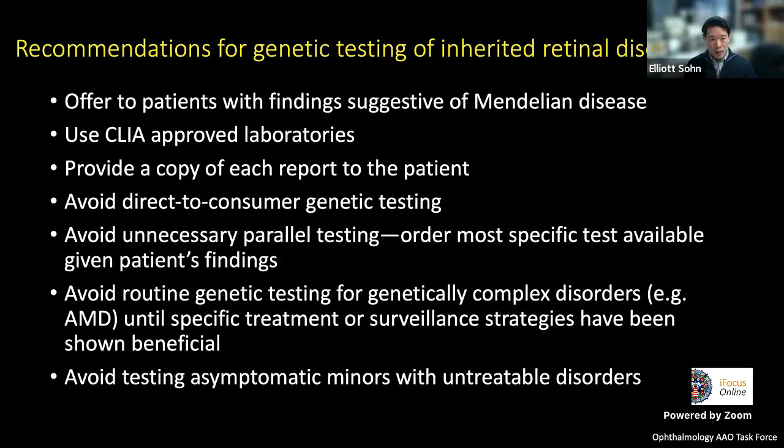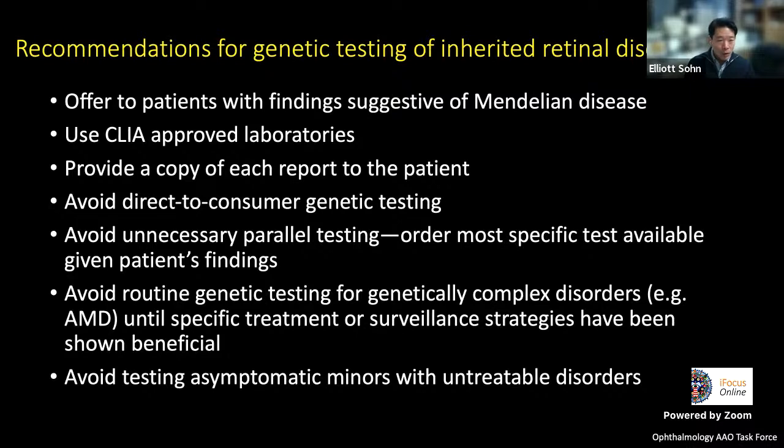So we're going to talk briefly about genetic testing. It's important. This would certainly be a topic for an hour-long lecture. But the key thing I want you to be aware of is that you should really offer this to patients when they have findings suggestive of a Mendelian disorder, in this case, a macular dystrophy. You don't really want to get into doing routine genetic testing for complex disorders like age-related macular degeneration.